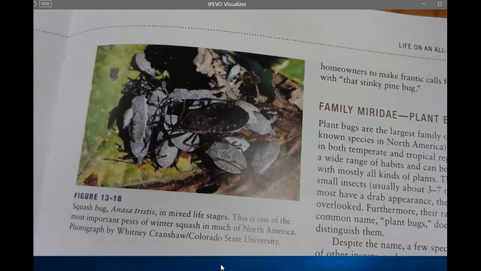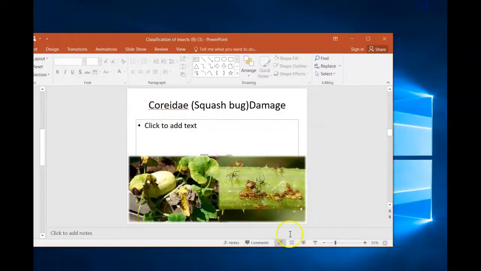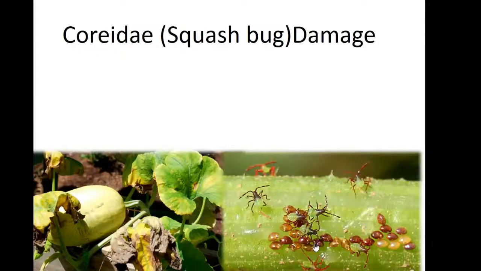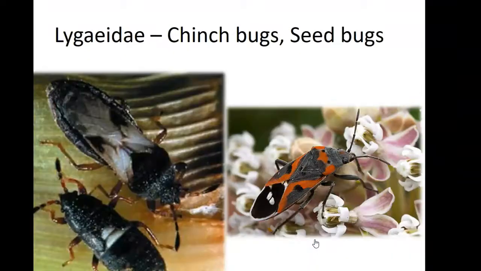Okay, so from there we are going to go back to our slides here. The chinch bugs or seed bugs have an X on their back that you can see. These are again going to be sucking the juices out of the plants with their stylet.